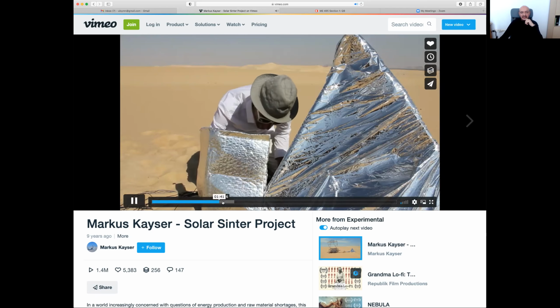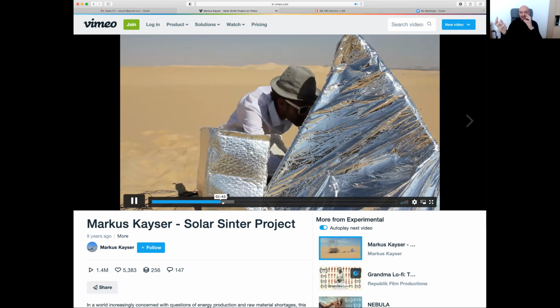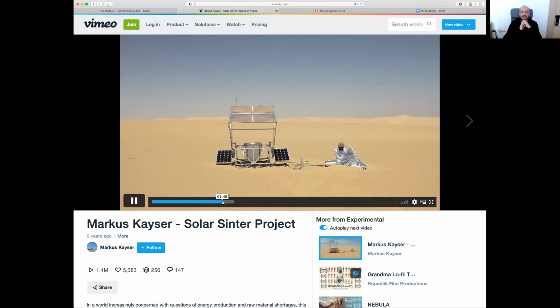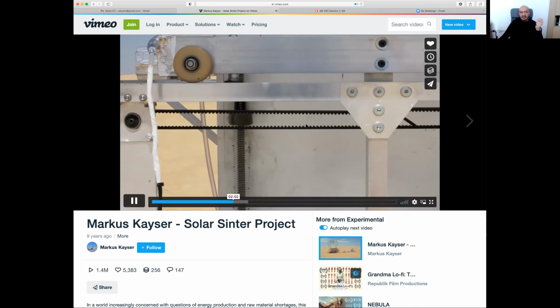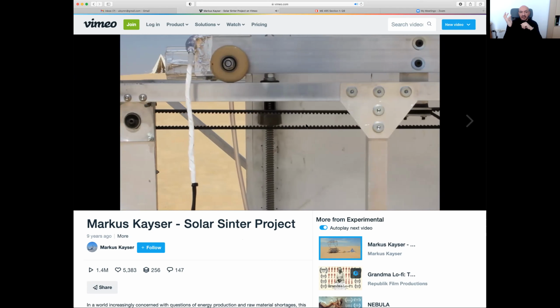The electronics are not that complicated. It's just moving the focuser here. This is a panel, the focal point on the table, sun tracker, lens, battery, and some electronics. Yes, he's using some, I think, stepper motors and some belt to move that sun tracker.